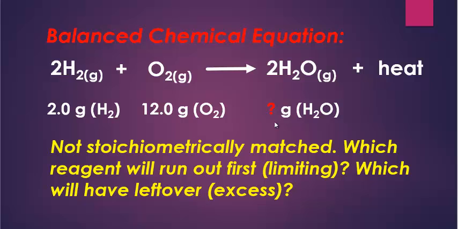So which reagent will run out first? That one will be what we call the limiting reagent, because when that reagent runs out, the whole reaction stops. Which one will have leftover? That's going to be in excess. It's going to be called the excess reagent.